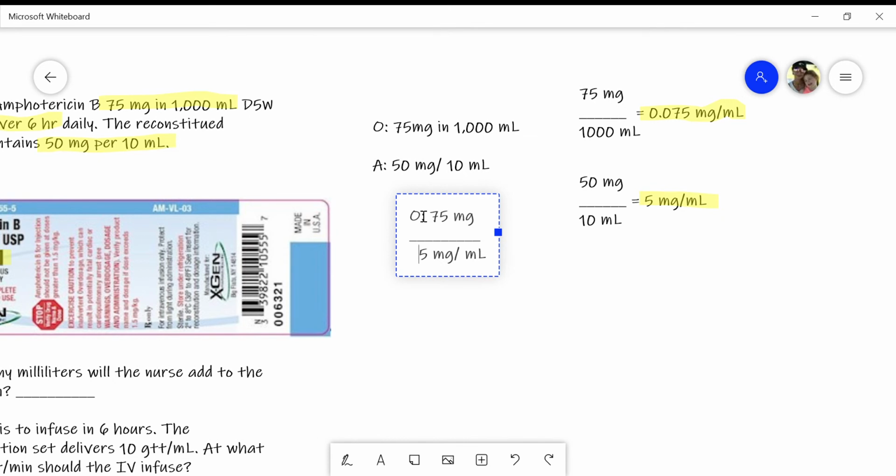I'm actually totally lost on where I am in my notes, if I'm being honest. Okay. Yeah, so it would be 15 milliliters.